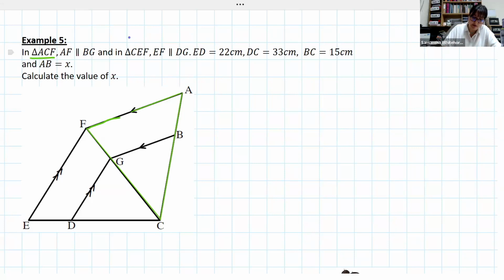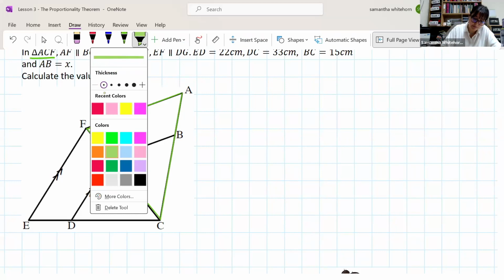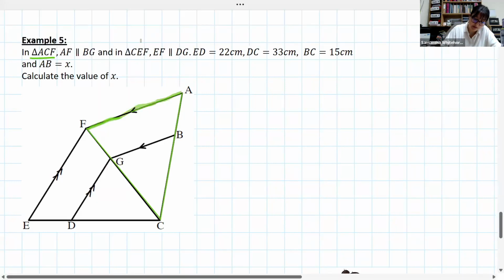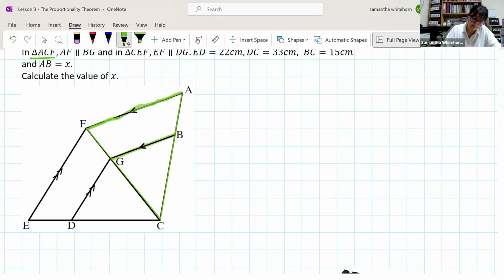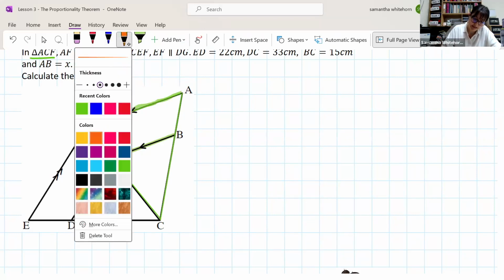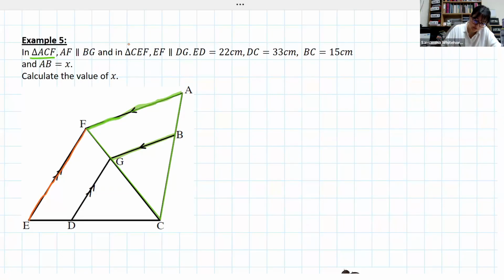In this triangle, I have been told that AF is parallel to BG. First bit of information. Second bit of information I was given is the fact that in triangle CEF, this orange triangle here on the left-hand side, I once again have some parallel lines. EF parallel to DG.